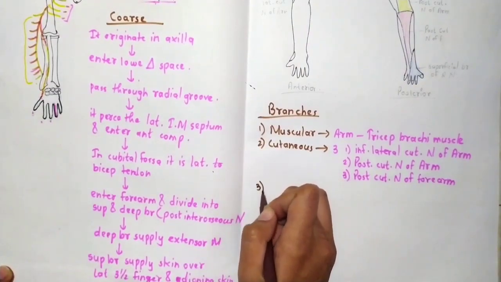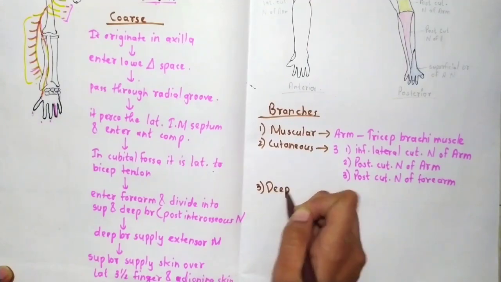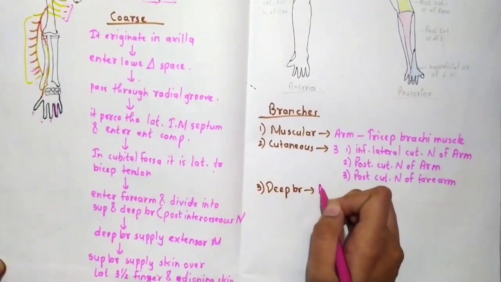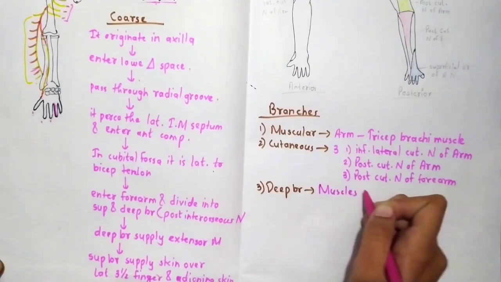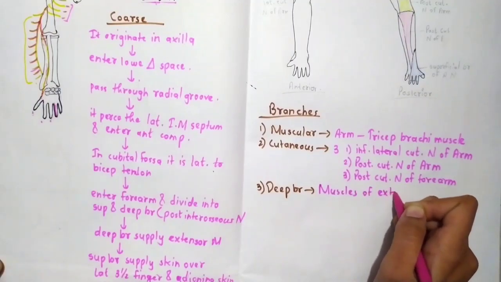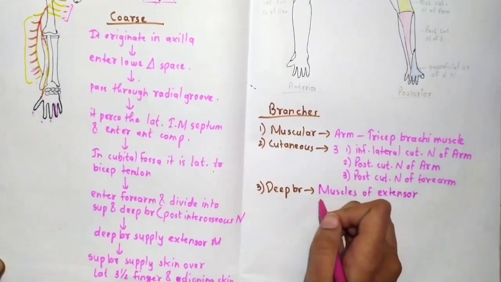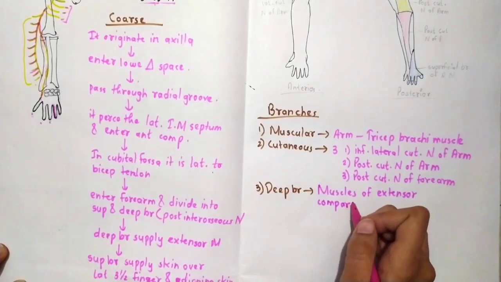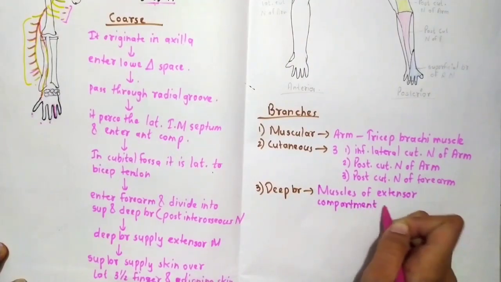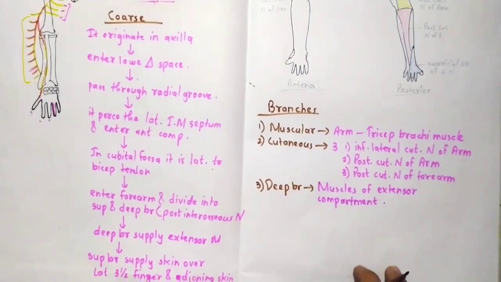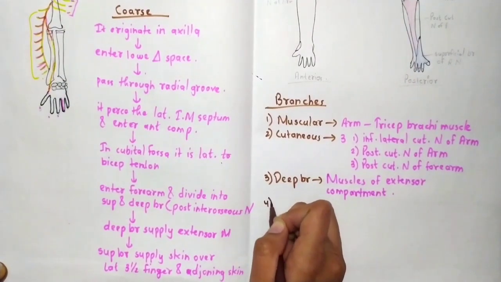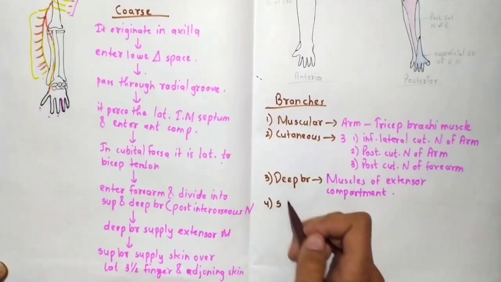Now the third branch is the deep branch. It will supply the muscles of the extensor compartment, all the muscles of the extensor compartment. You can go and watch the video of muscles I have already uploaded on my channel, so here I will not name individual muscles. Another branch is the superficial branch. These two are terminal branches of this nerve.